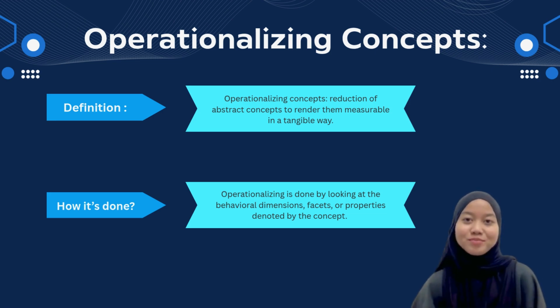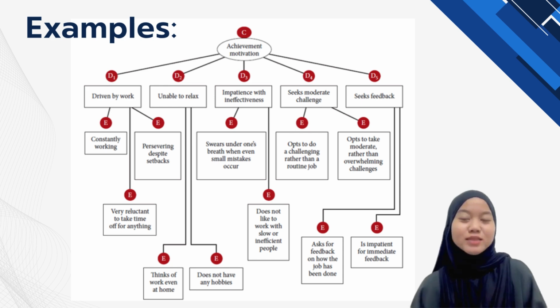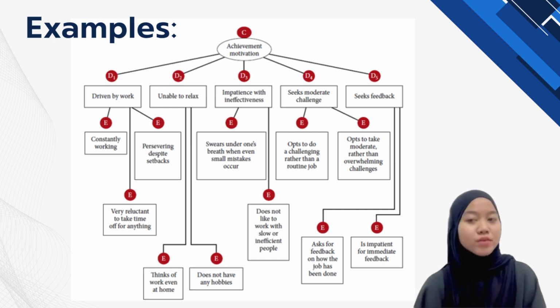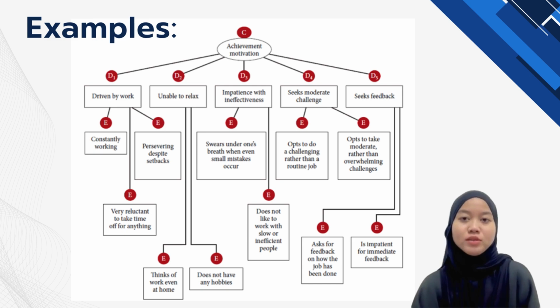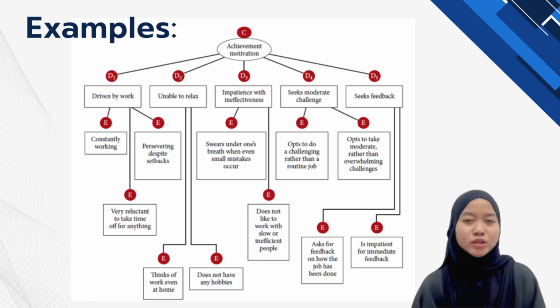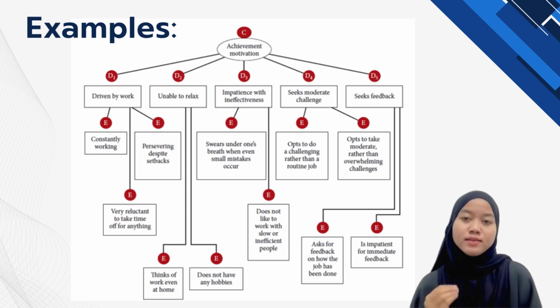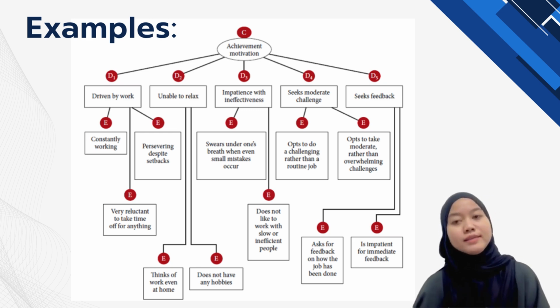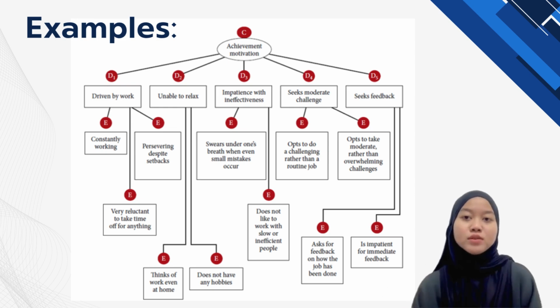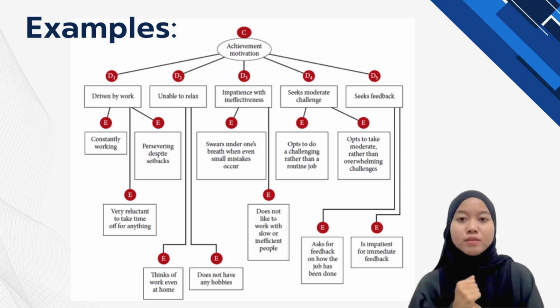Okay, last but not least, achievement motivation consists of five indicators, which are driven by work, unable to relax, impatient with ineffectiveness, seeks moderate challenge, and seeks feedback. Okay, first, we see individuals who are intensely driven by work.